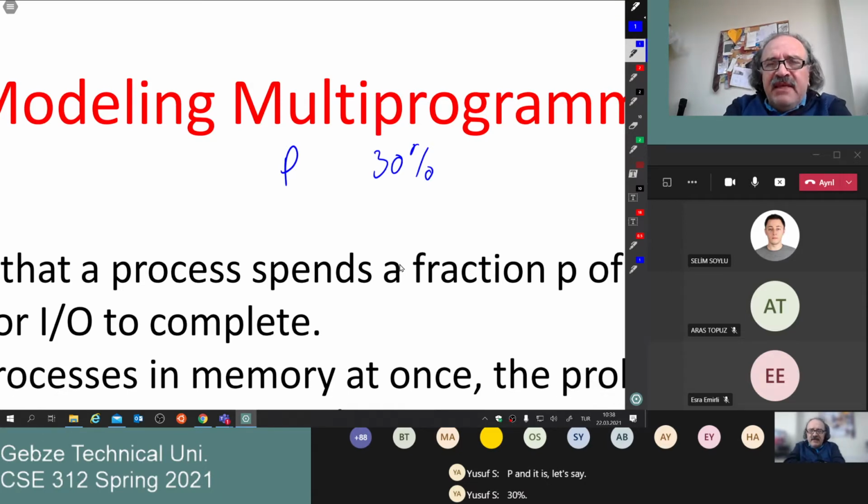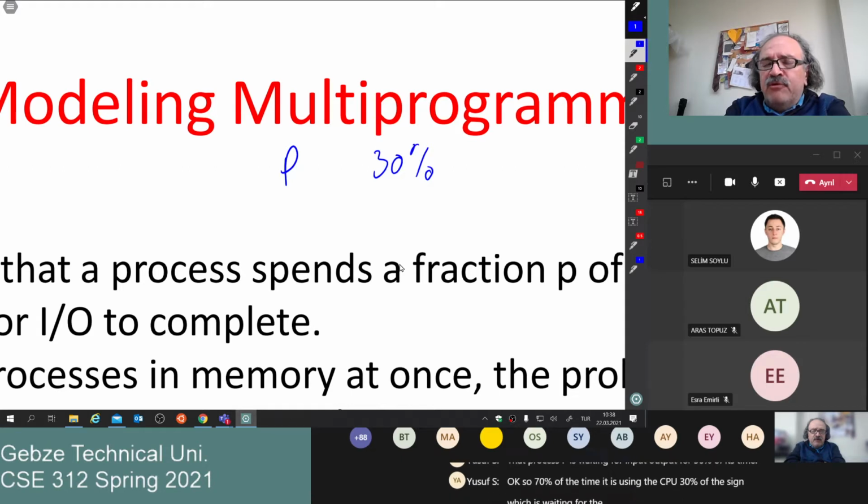That process P is waiting for input output for 30% of its time. So 70% of the time it is using the CPU, 30% of the time it is waiting for the IO to happen.